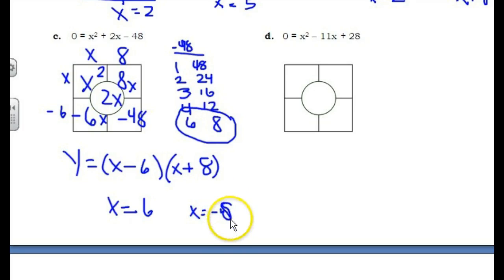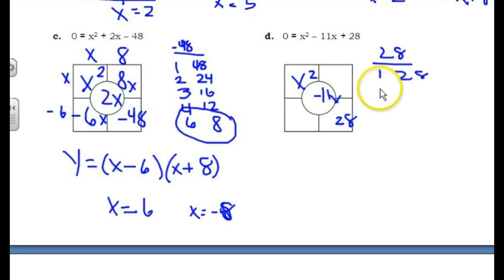Again, we can do out the work if we need to, or we can use the shortcut that it's the opposite sign. Last one. Factors of 28 are 1 and 28, 2 and 14, or 4 and 7. 4 and 7, with both factors being negative, will give me negative 11.